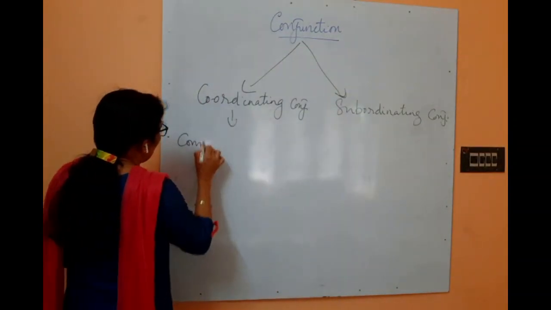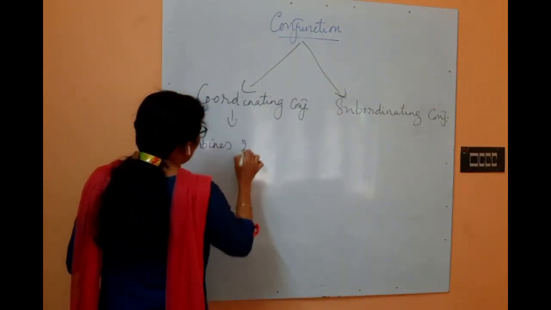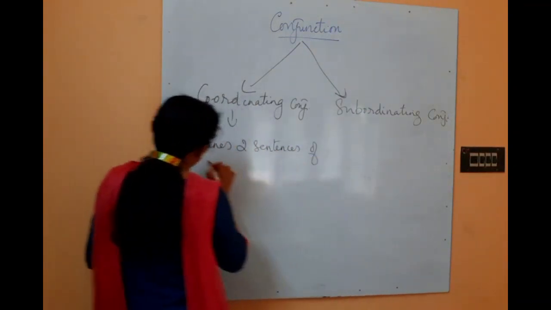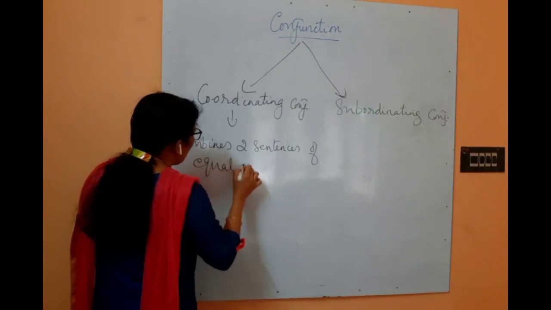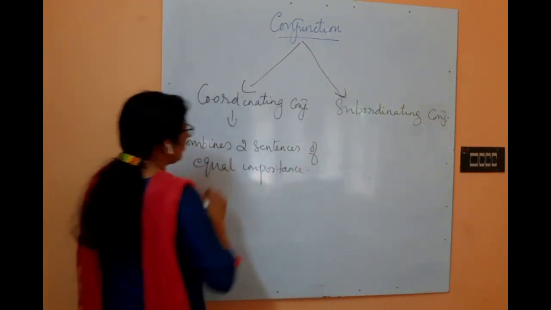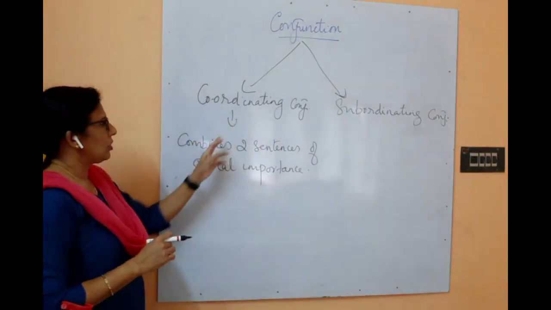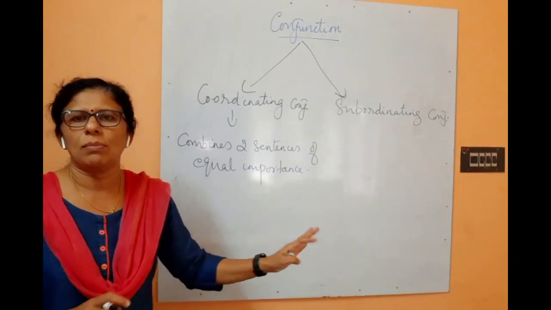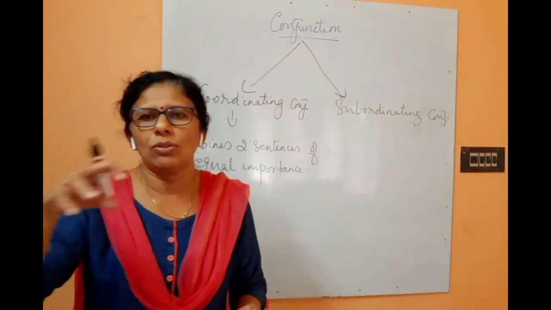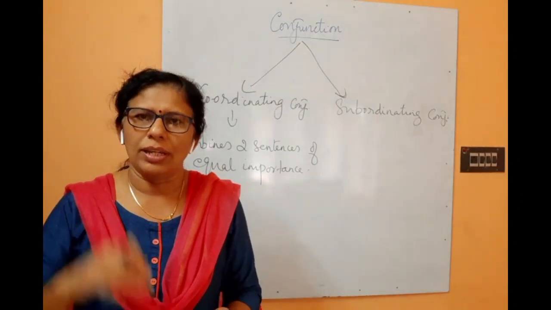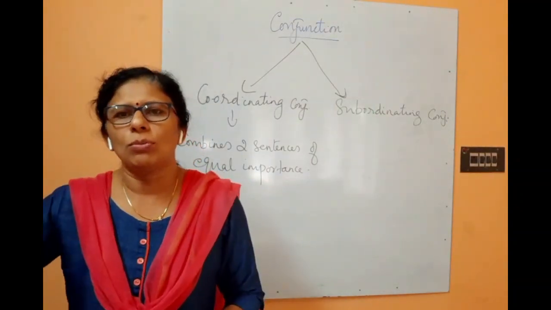Coordinating conjunction combines two sentences of equal importance. Like the previous example I gave you: Ram is a good footballer and Shyam is also a good footballer, so Ram and Shyam are good footballers.